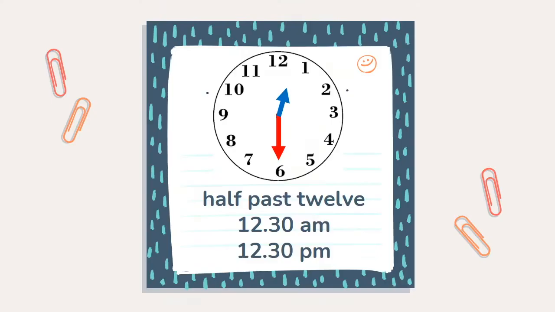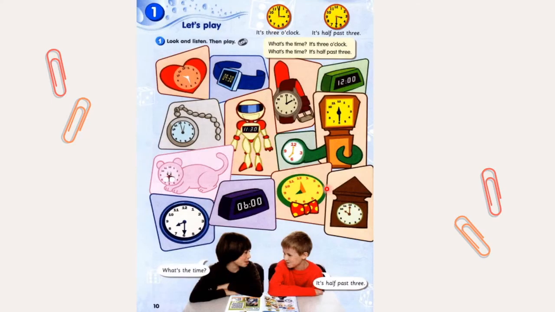Okay, again, I will say the time and you will use your finger to point at the clock in the picture. Okay? Let's begin. Which one is 6 o'clock? Can you show which one is 6 o'clock? Absolutely, that's right. That is 6 o'clock.